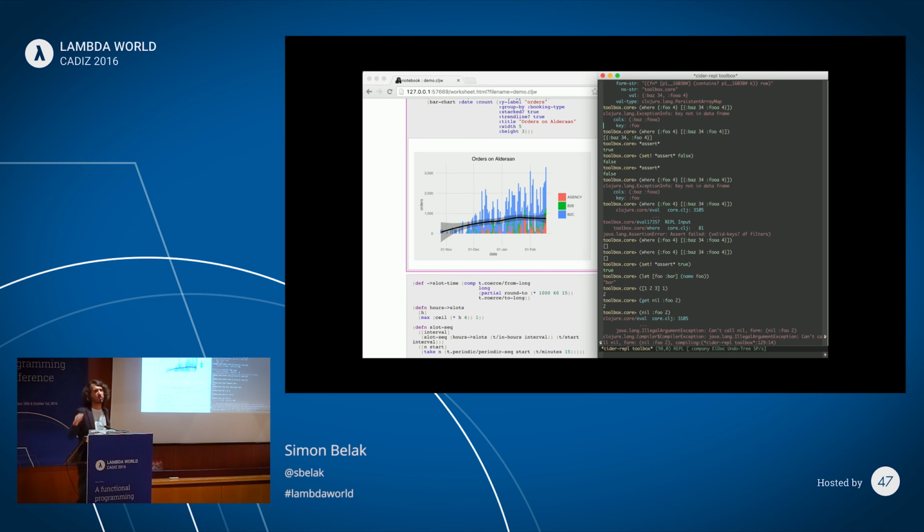Because I'm horrible. I don't remember any APIs, how they look. I constantly make errors, so I experiment with a lot of things in the REPL just to get it working right. And in Clojure, you also have, of course, various introspection mechanisms, and you can just get documentation on various functions from the REPL and so forth.